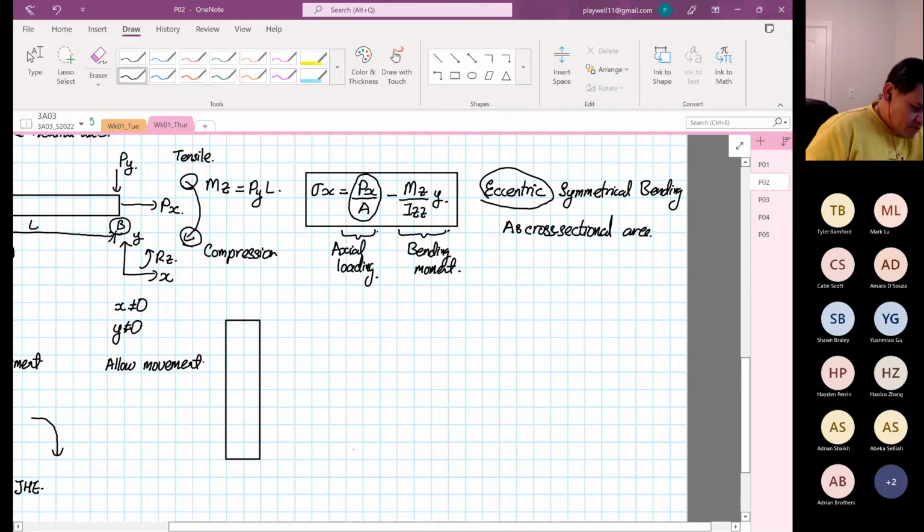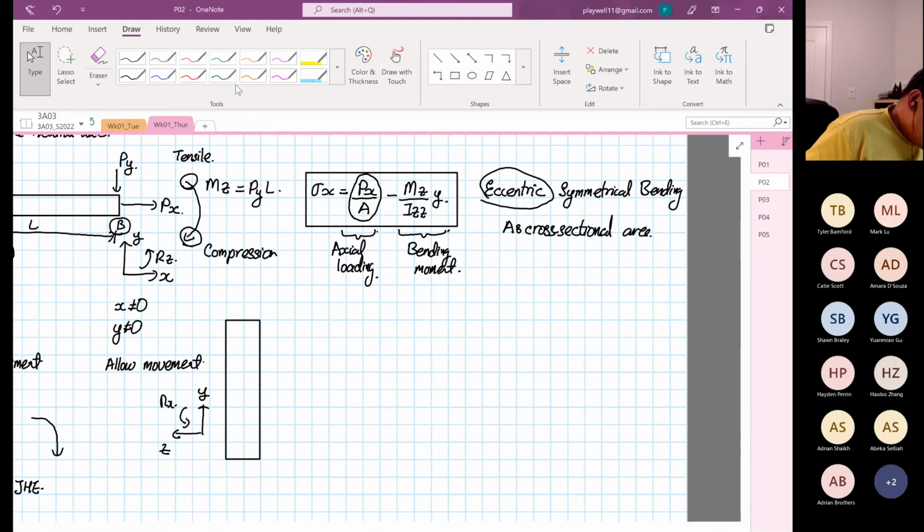Okay, so this is our cross section, and to sketch our transformation, y z, rotation in x.